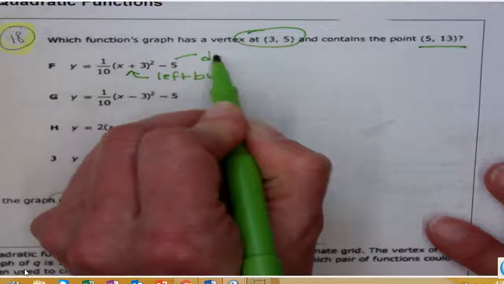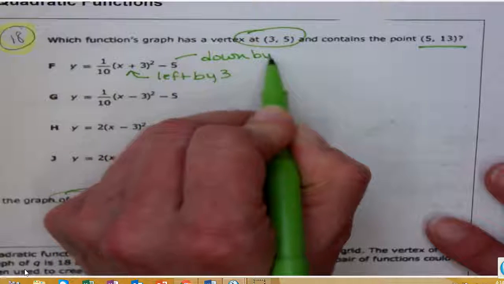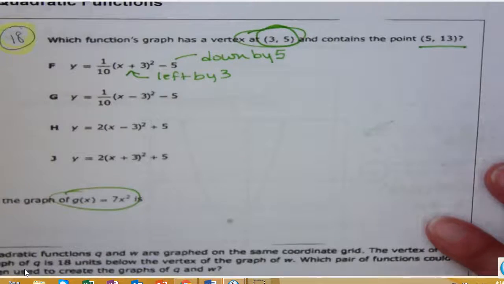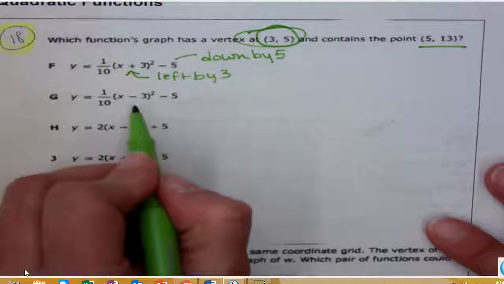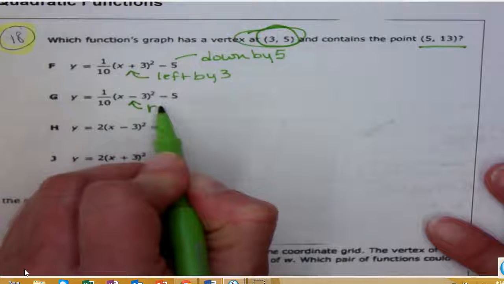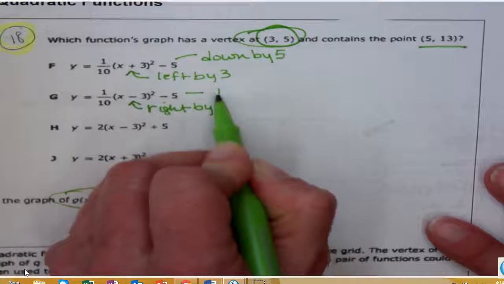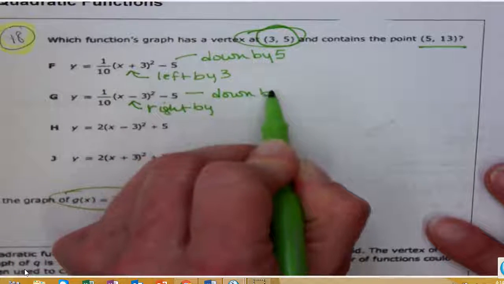This would move it down by 5. If my vertex is 3, 5, I actually want it to go right and up. This would move it right by 3 and down by 5.